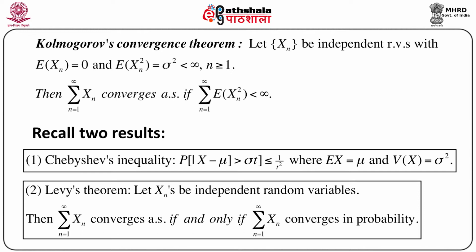Here also we assume moments up to second order. Levy's theorem states that for a sequence of independent random variables x n, summation x n converges almost surely if and only if summation x n converges in probability. It is a two-sided theorem, and we have already proved it. Now we will use these two results to prove Kolmogorov's convergence theorem.